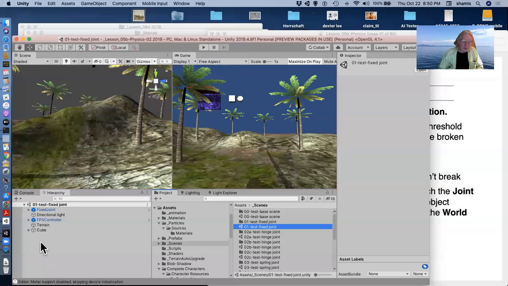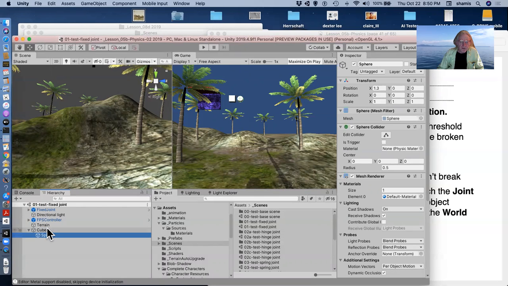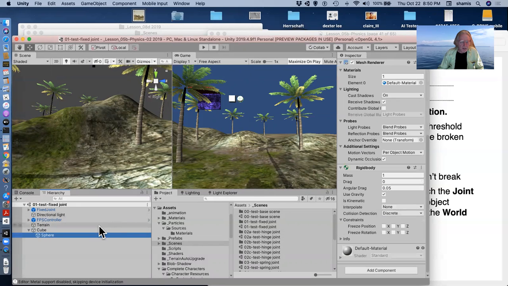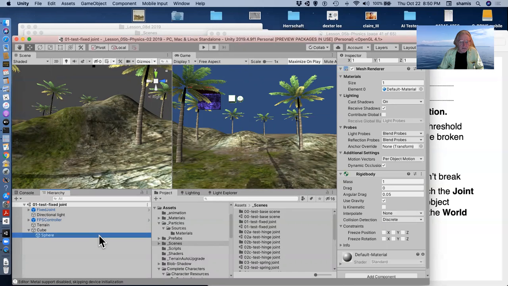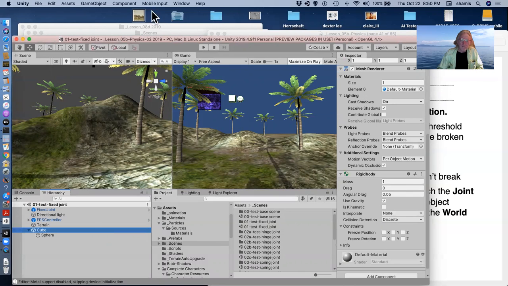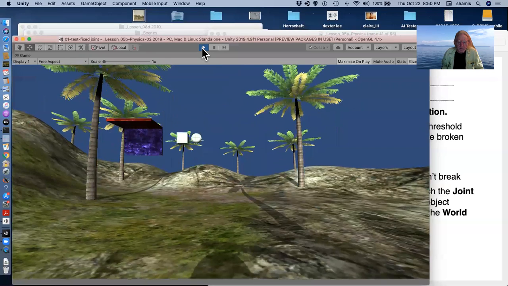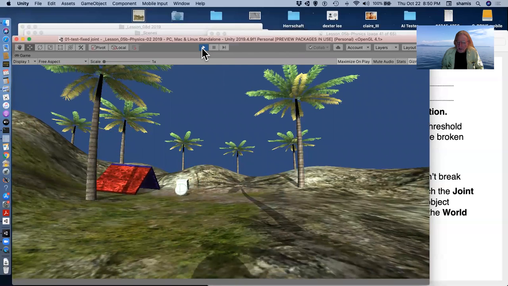Now, before I do that, let me show you this object over here, because I've got this cube, and it has a sphere, and the cube and the sphere both have rigid bodies, and the sphere is the child of the cube. But watch what happens when I play this. They don't stay attached to each other.